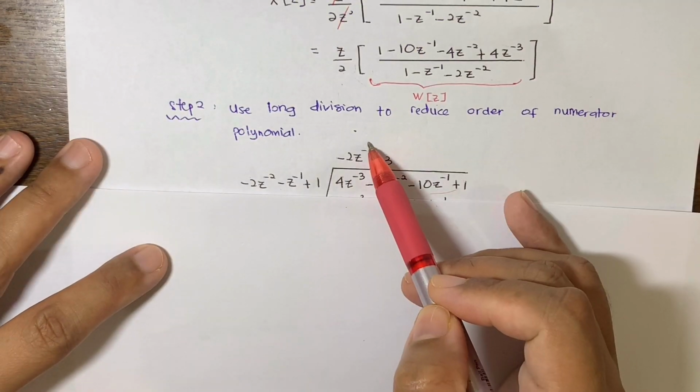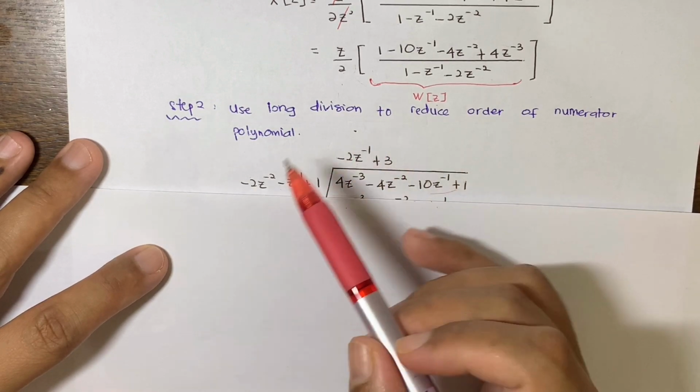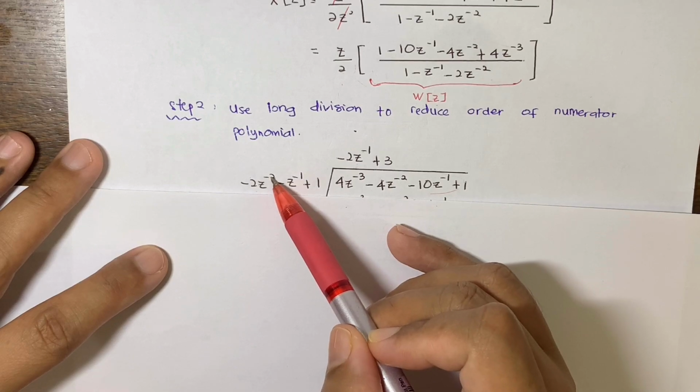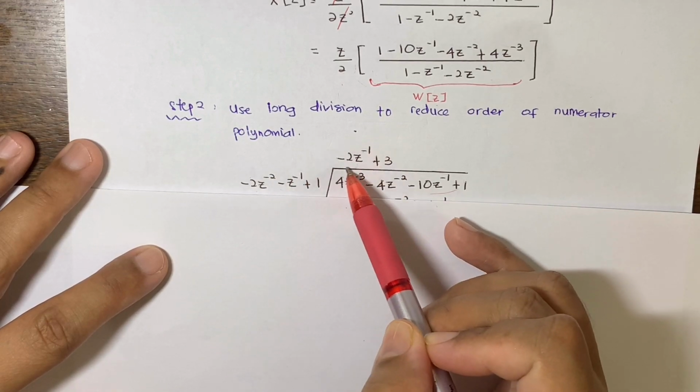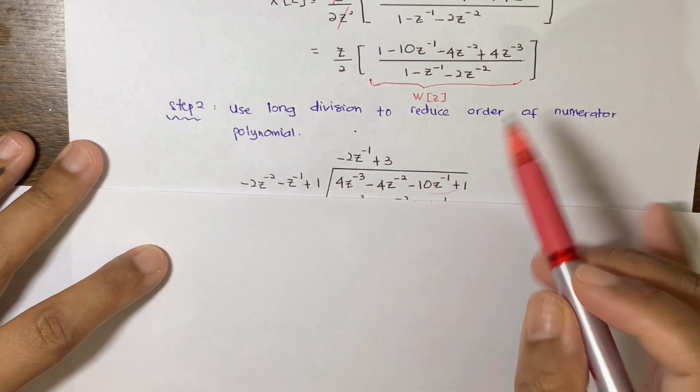So how do we get negative 2z to the power of negative 1? When you multiply negative 2z to the power of negative 2 with negative 2z to the power of negative 1, you will get this answer.